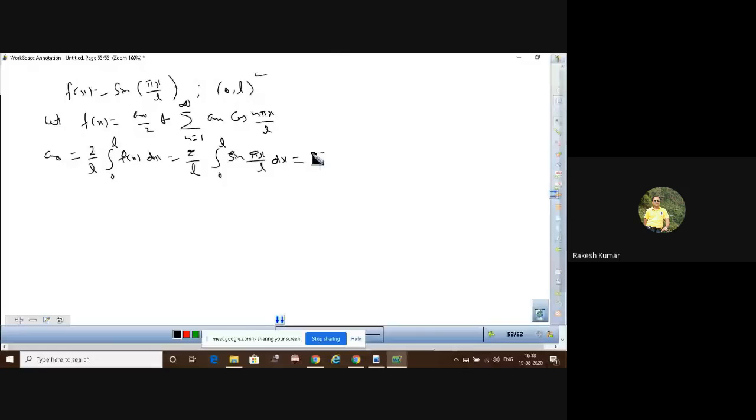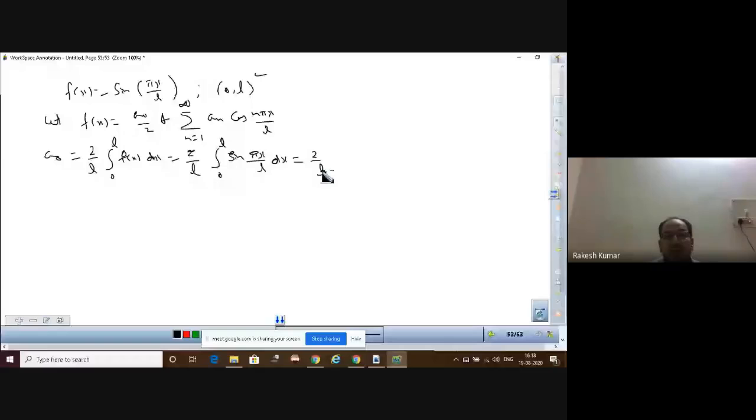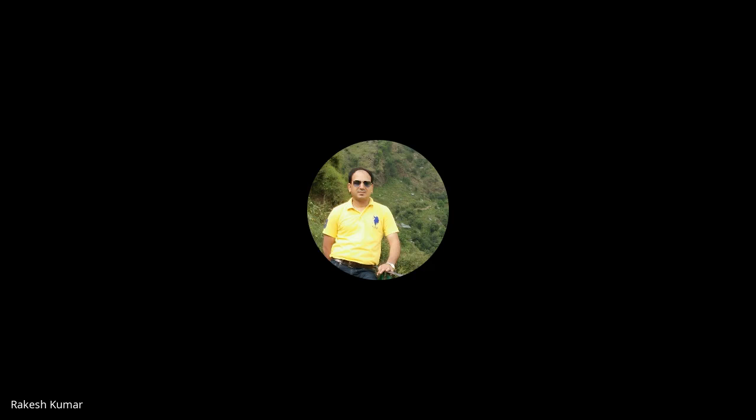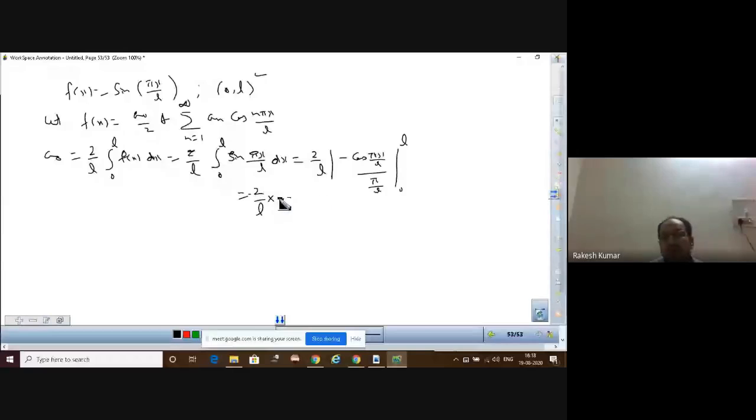Now you can integrate with 2 by L. Integration of sine is minus cos pi x over L over pi over L with the limits 0 to L. For the upper limit, substituting x as L, cos pi is minus 1, and for the lower limit 0, cos 0 is 1.